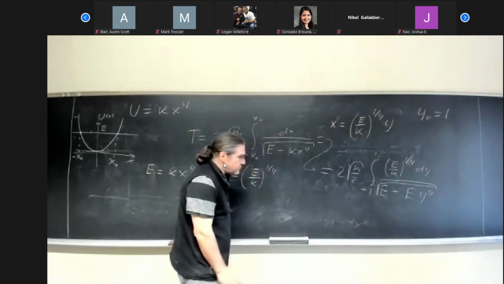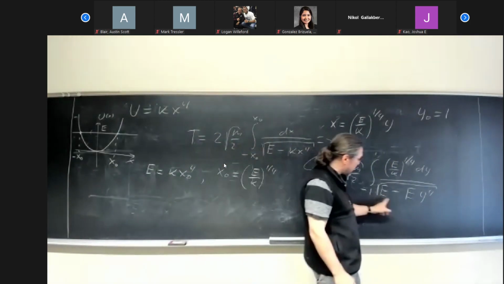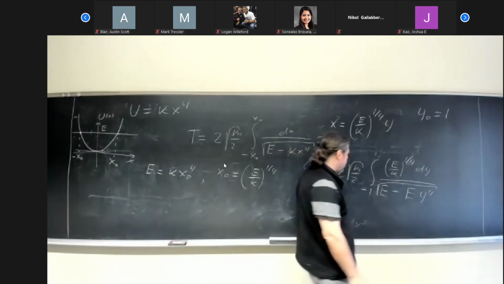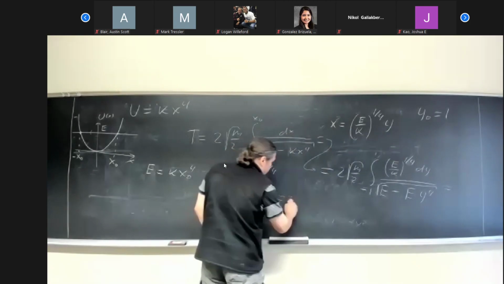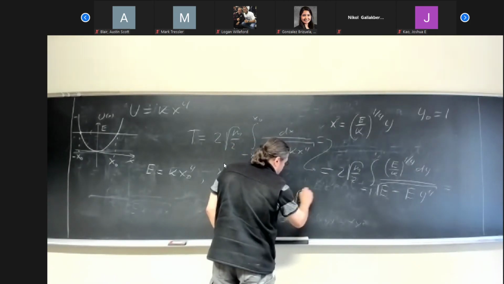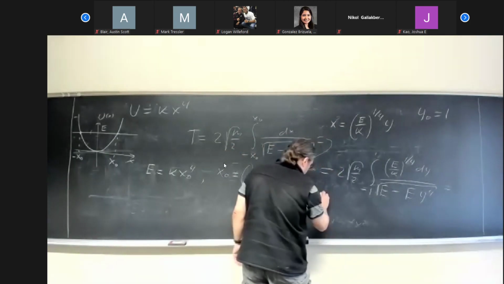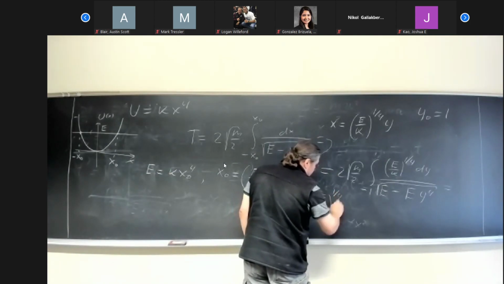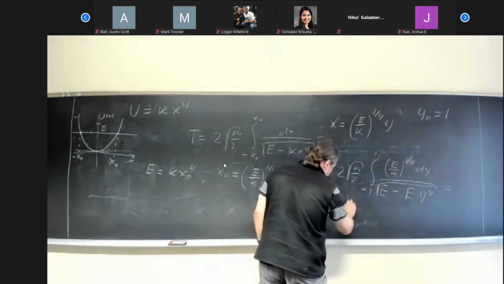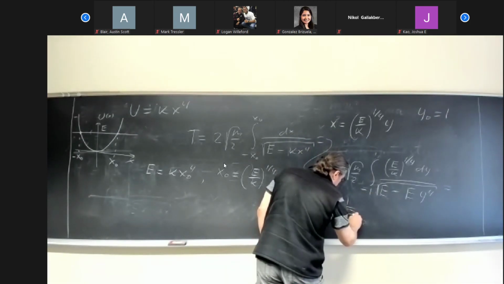Right? And now I see that I actually can pull energy out of this integral. And what I have is 2m divided by 2, square root, and then I have E divided by k in power of 1/4. And then I have 1 over square root of E here.